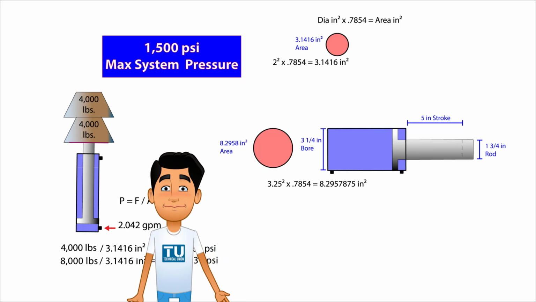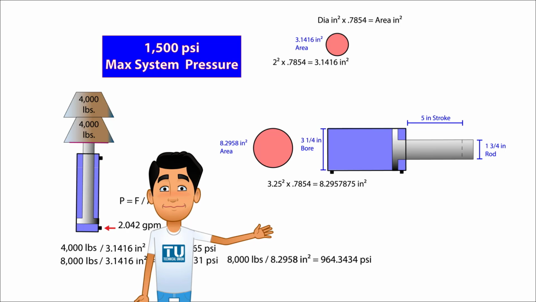We have 3.25 squared times 0.7854 equals 8.2957875 square inches for the area of this new bigger cylinder. The new numbers in the formula to calculate pressure for this cylinder will be 8,000 pounds divided by 8.2958 square inches equals 964.3434 psi.